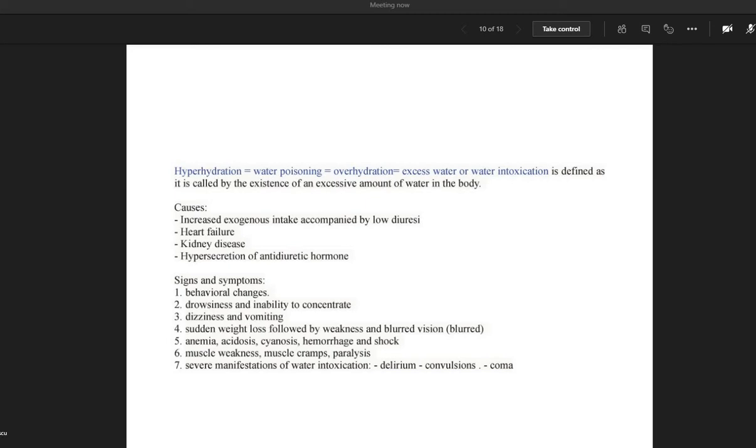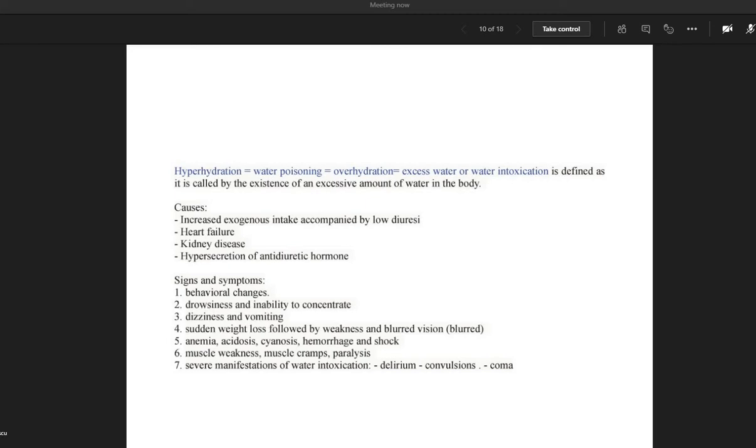Also, some kidney disease can lead to that, or some endocrine situations. About the signs and symptoms, like we had before, changes in the state of mind, if you want, of the patient. He's confused.